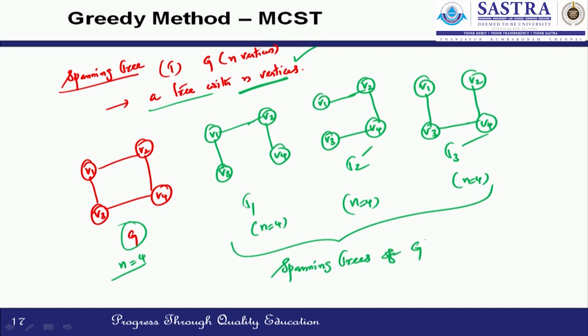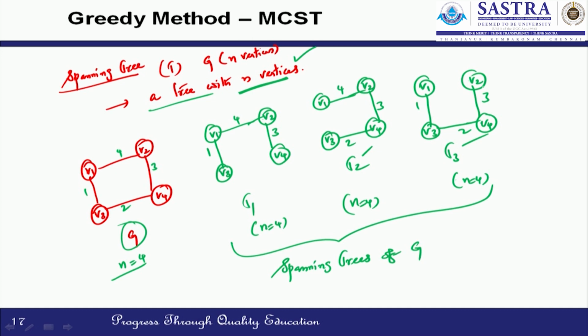Now just think of when G is assigned costs, suppose 1, 2, 3, 4. Here this is 1, 4, 3, this is 2, 3, 4, this is 1, 2, 3.